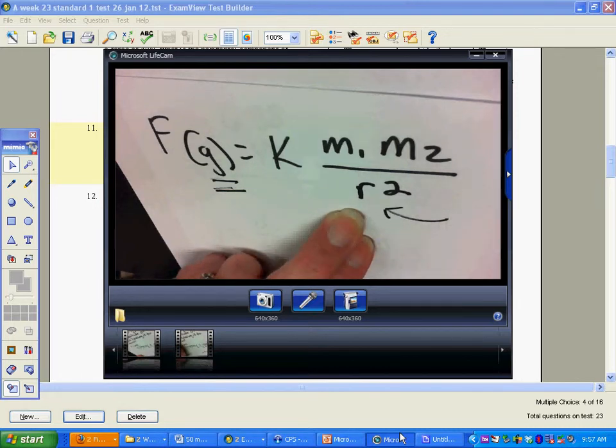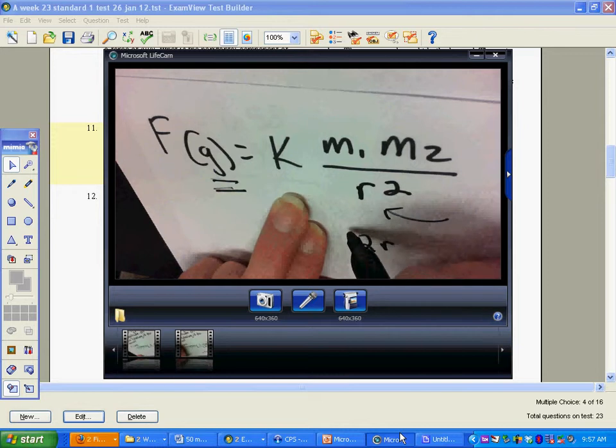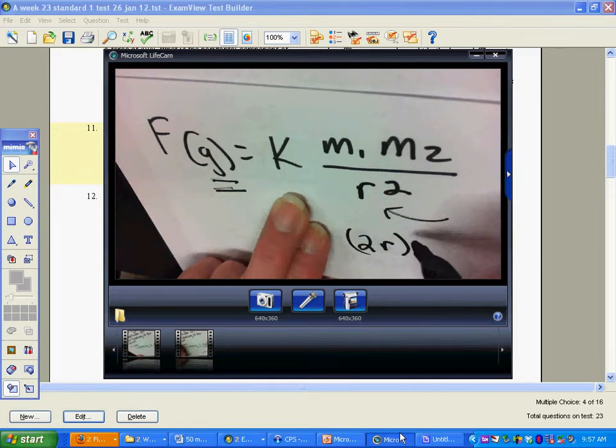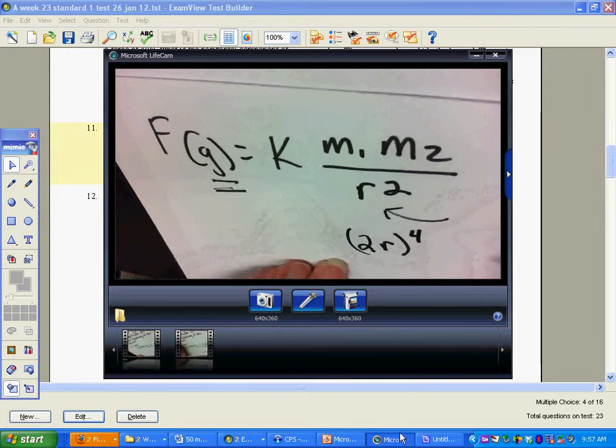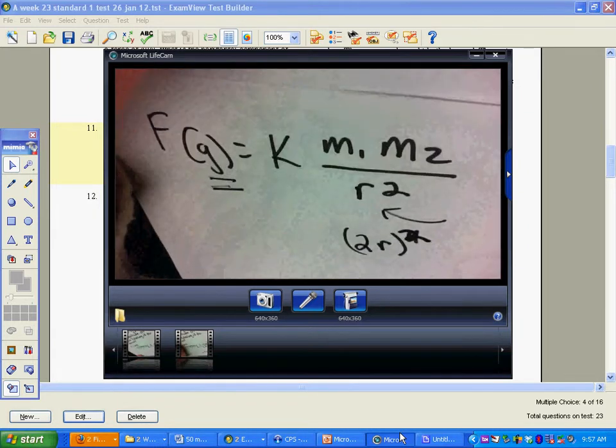This is a separate the men from the boys problem on any kind of state standardized test or ACT or SAT or whatever. They want to say things like, and then I'm sure I'm going to say some things like this, if you double the distance, okay, if you double your distance, what effect does that have on your gravity? Or excuse me, 2r squared. How does our gravity change? Does it change by 2?